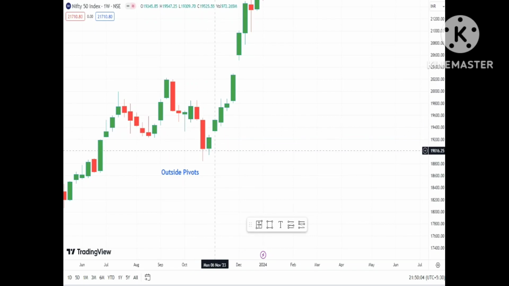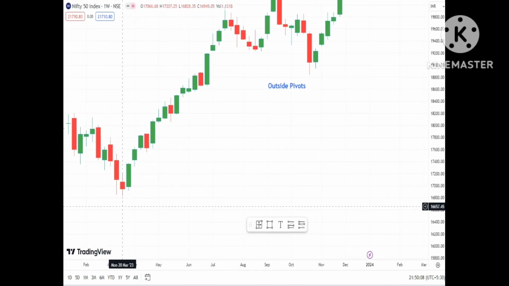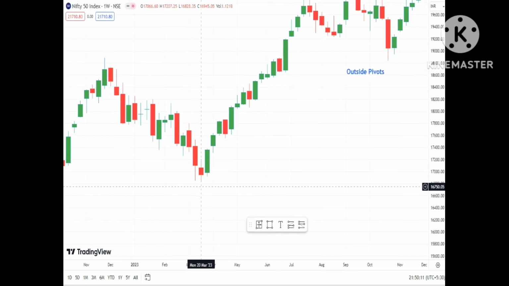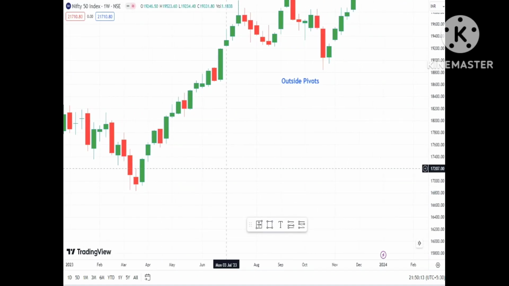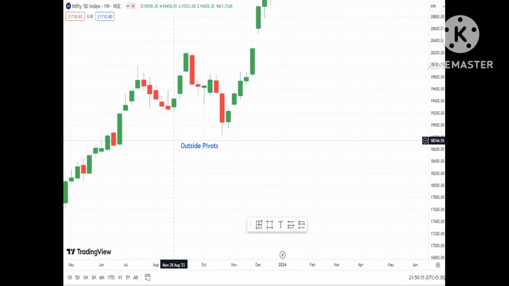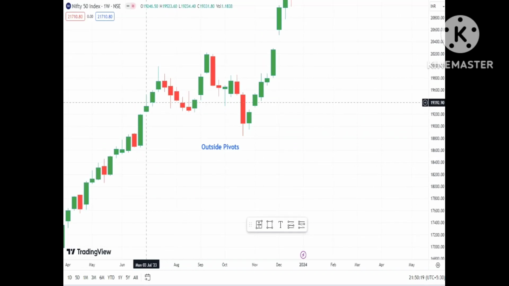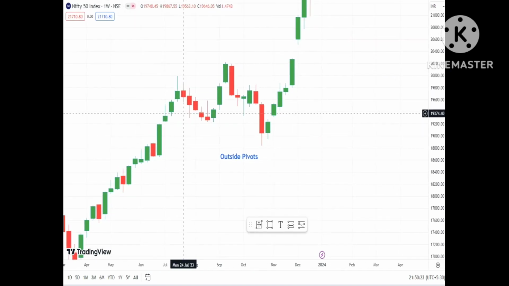So this pivot and this pivot are both considered pivots only, but we can call them by different names like outside pivot and perfect pivot. See, in this case too, there is an outside pivot which has formed.